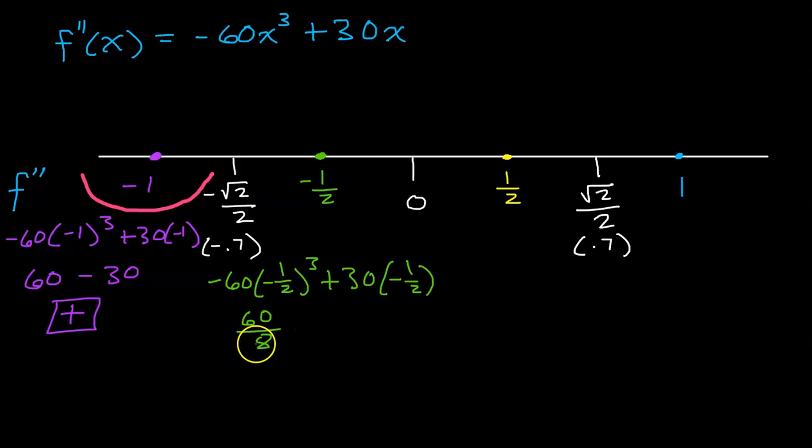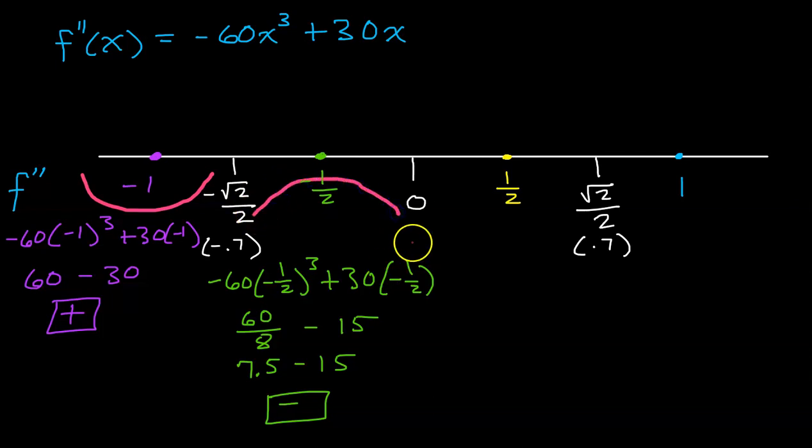All right, negative times negative is a positive. And this is going to be -15. And that's 7.5 minus 15, which will be a negative number. So in this interval, the function is concave down.